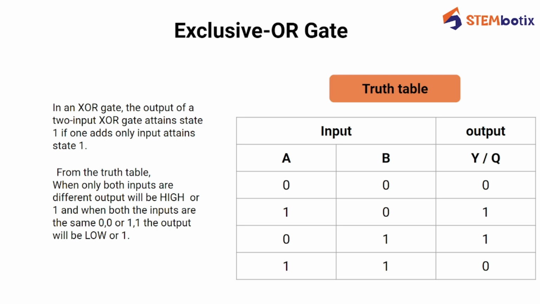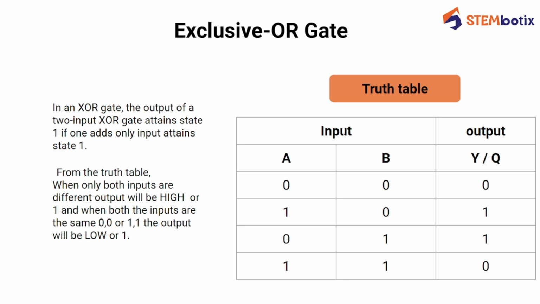So in the XOR gate, whenever both the inputs are the same, either 0 0 or 1 1, meaning both of them are in state 0 or both of them are in state 1, then and only then the output would be 0.